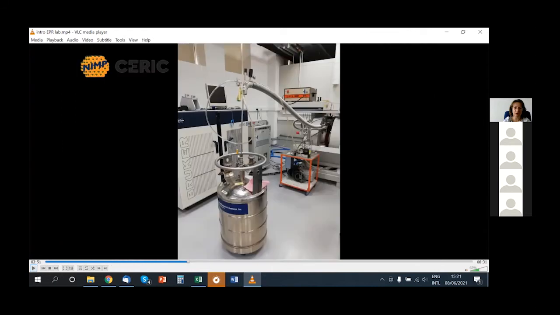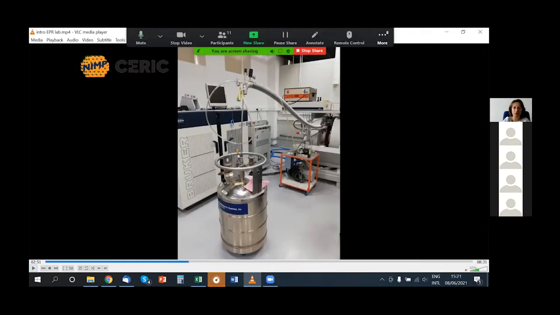And here you see our setup for low temperature measurements. You see the liquid nitrogen cryo, sorry, the transfer line.